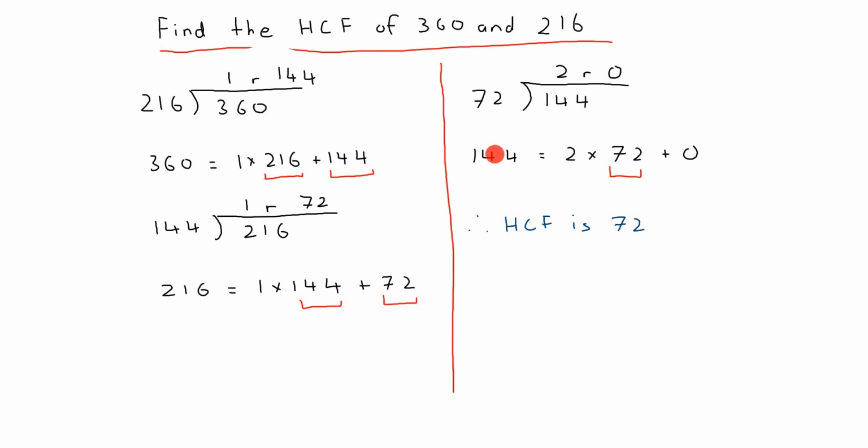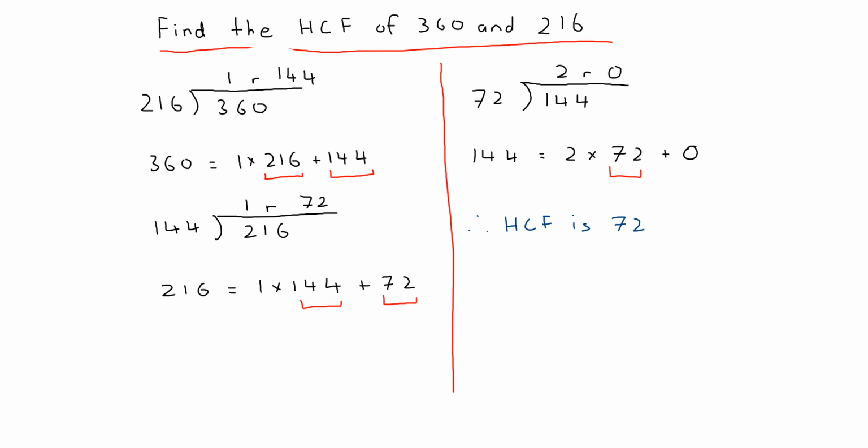So 144 equals 2 by 72 plus 0. Now that should be nice and easy, and if anything, it's really just a bit of revision, and we have our HCF of 72.